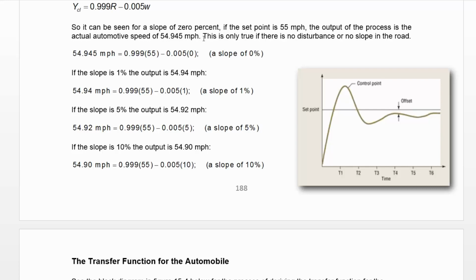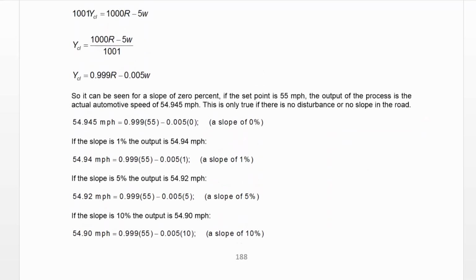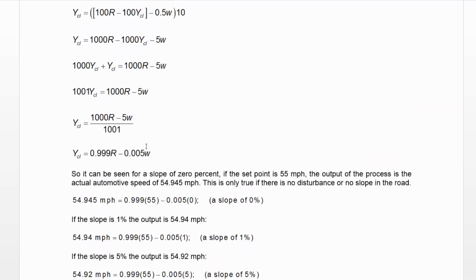Okay, there's ways to correct for that. We can correct for that with the integral mode, which will take the error and we'll have a time for repeats per minute, and we'll repeat the error times the process gain and add that to the output plus the process gain. That's something important I like to say: I wish I had done this another way like I normally do.